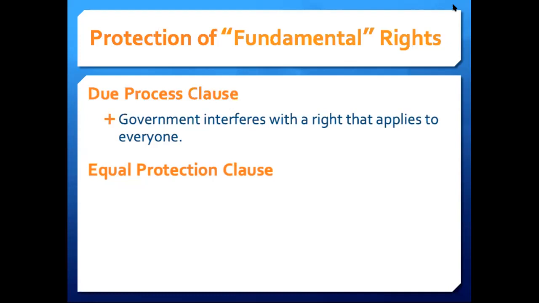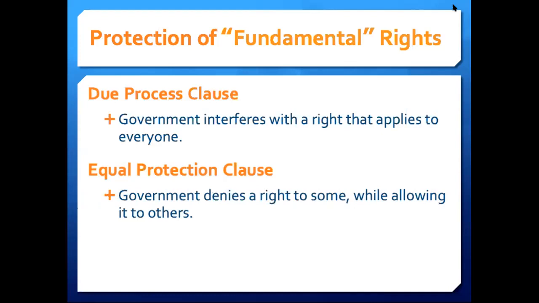An example here arising out of cases, and I think the book uses this example, is if we had a state that passed a law that had a total ban on the ability to sell contraceptives. The ban applied to everyone, and there's a question of whether there's a reproductive autonomy right to be able to purchase contraception, but it applies to everyone, so we would have a due process question.